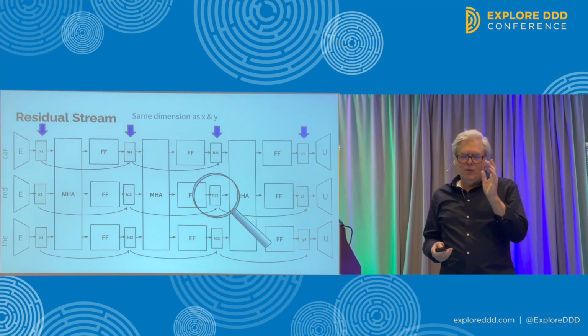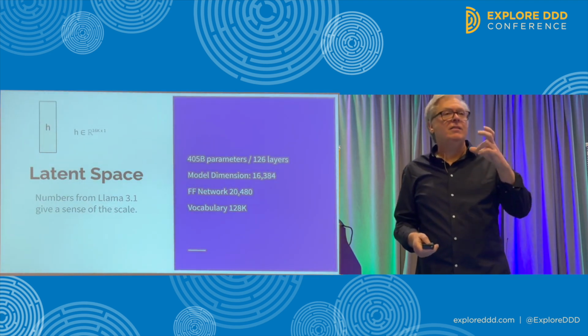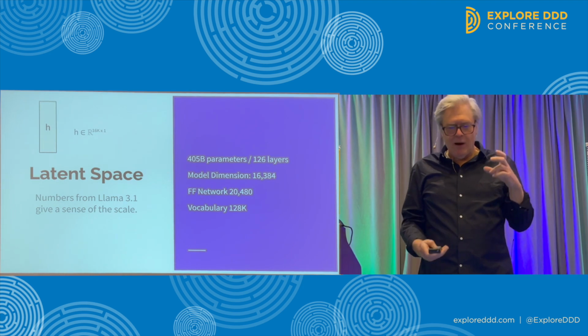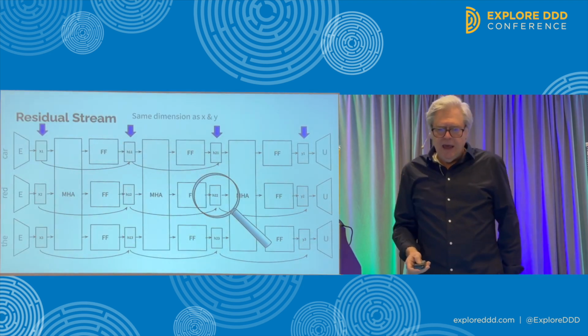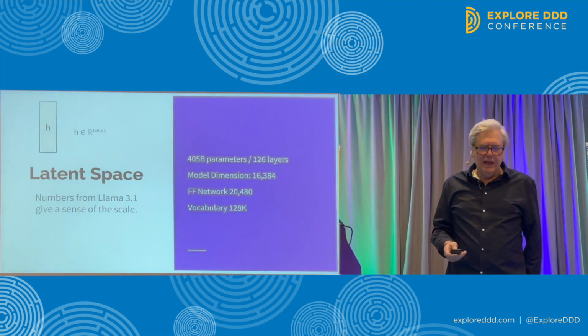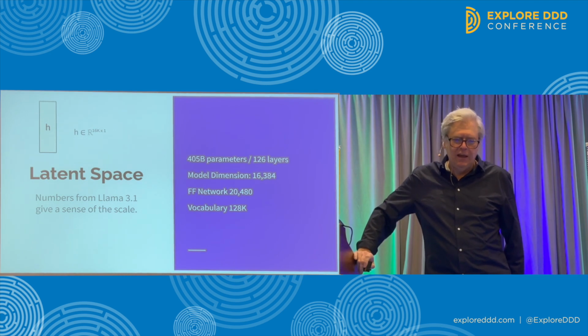So if you zoom in on one of these things, again, I talked about the latent space, right? That one vector deep inside of this whole thing. Here's just to give you a sense of what it's like.